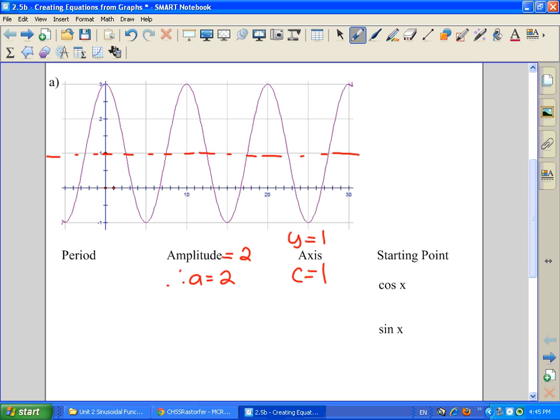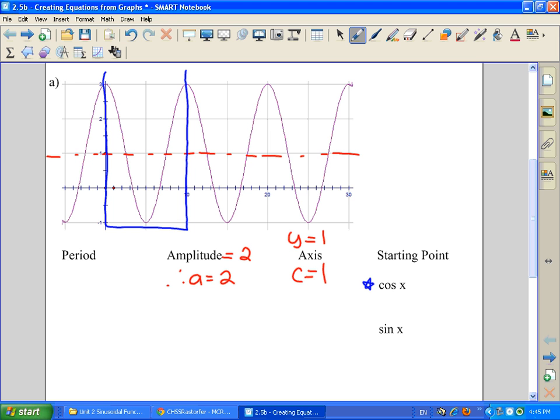Okay, trying to take a look at my period. Now, depending on where you start. So let's pretend we're starting with cosine first. If I draw my box around cosine, my cosine this time has a period of 10.